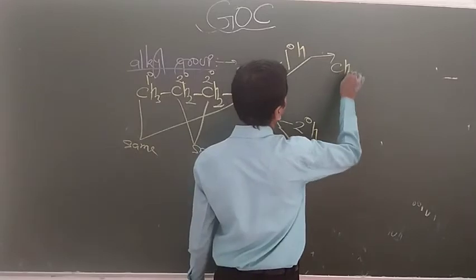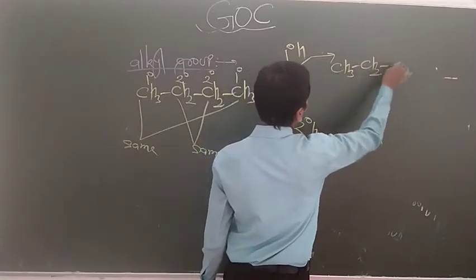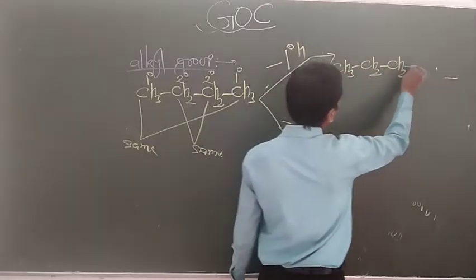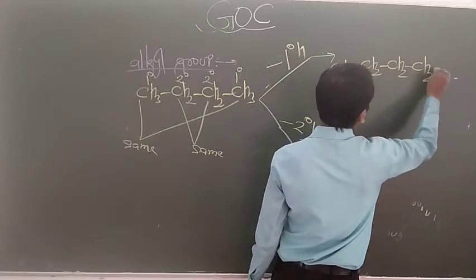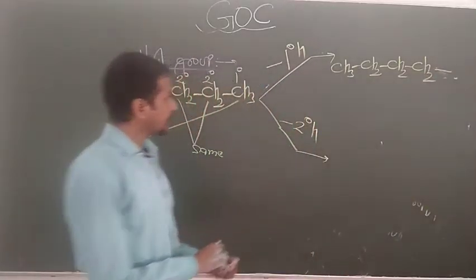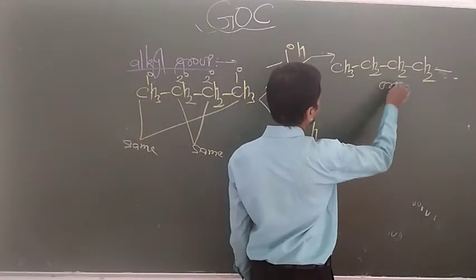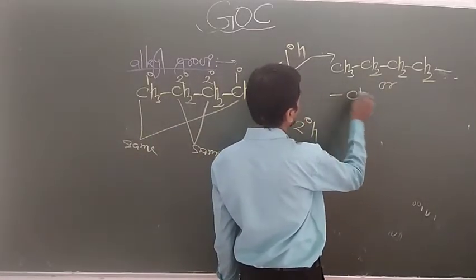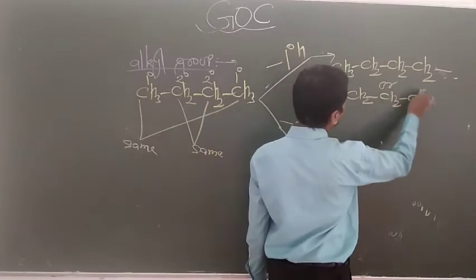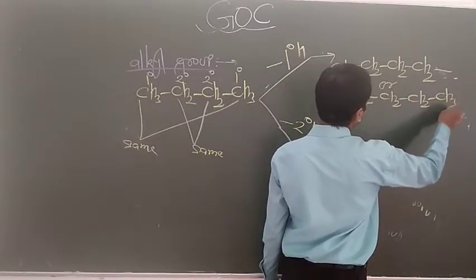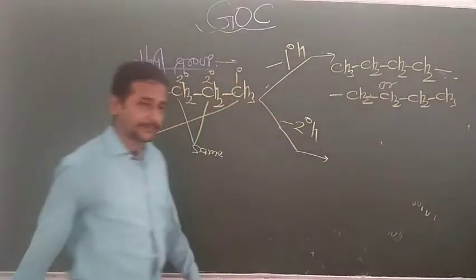So CH3, CH2, single bond CH2, single bond CH2 and 1 H can be removed from this carbon. This can also be written like this: CH2 single bond CH2, CH2 and CH3. So both are the same formula.